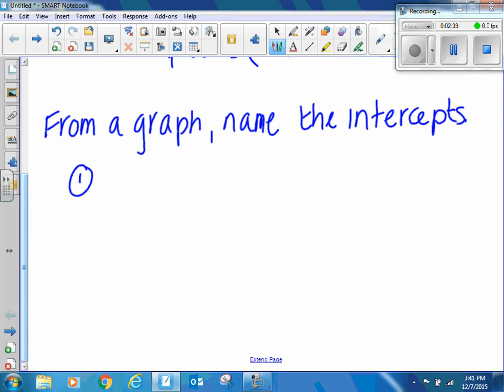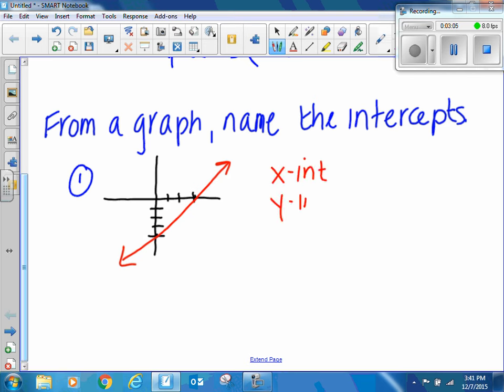First one, say we have this graph, and we have the line like this. I know my line isn't exactly straight, but you get the point. So now we have to say, what is the x-intercept and what is the y-intercept?